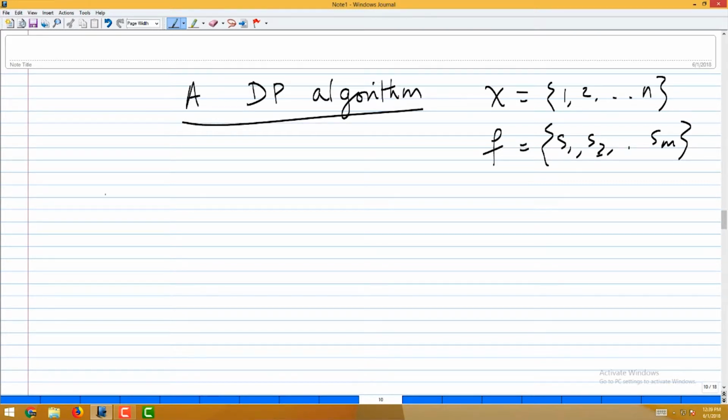Okay. So, if Sm is in my final optimum solution, and it may or may not be, then can you tell me what about the remaining sets? What is the optimum substructure there?